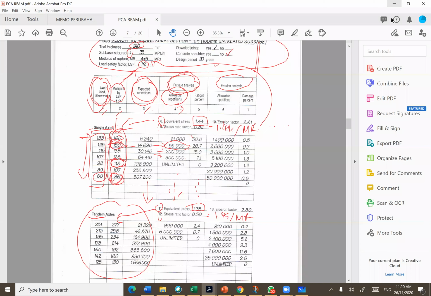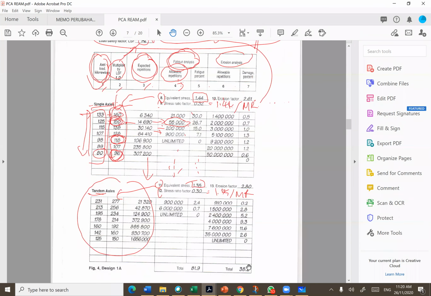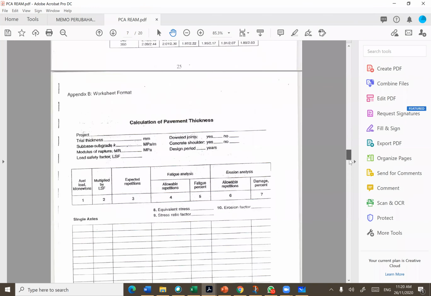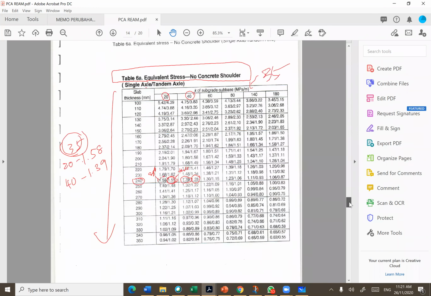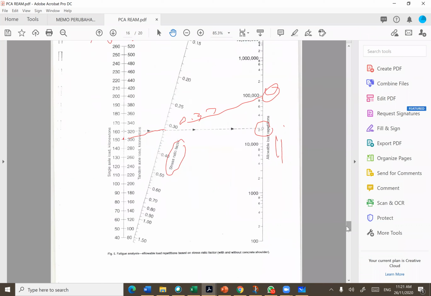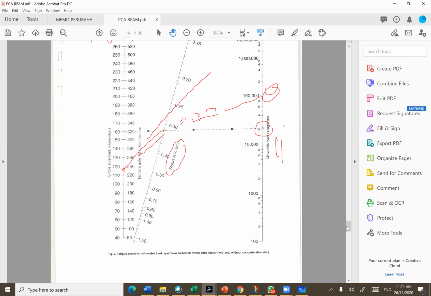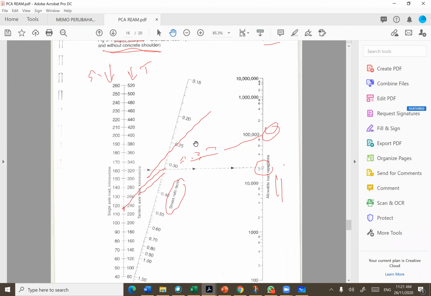How do you find the graph? 118 for single should be somewhere here. Draw a line to 0.32 and extend. Try to get what would be the value. Do you get any value, or you didn't get?